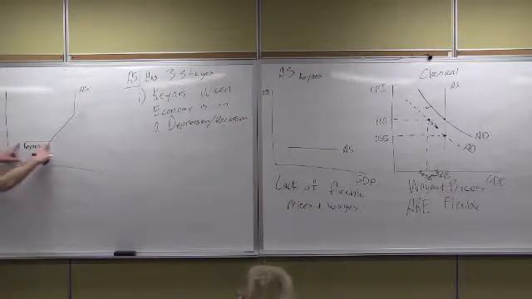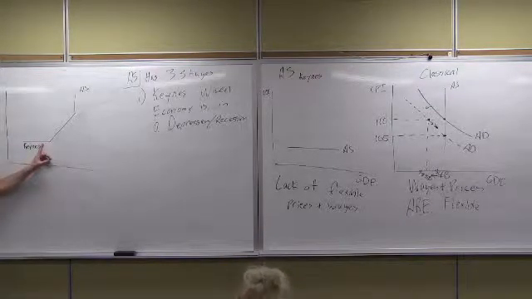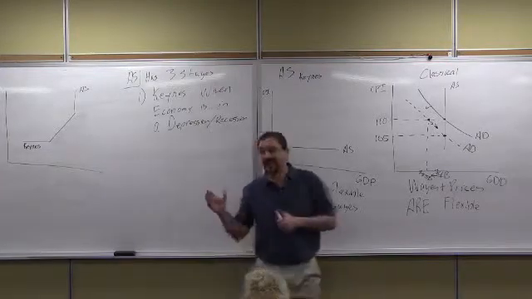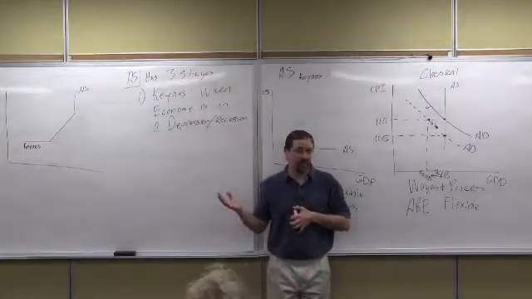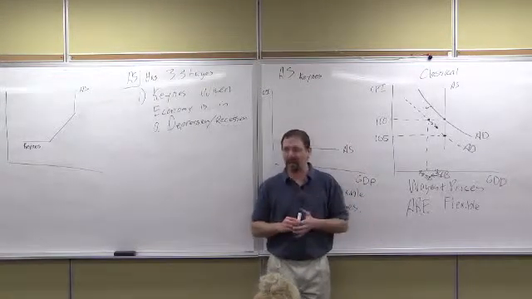And when aggregate supply is flat, demand will drive higher GDP, but not higher prices. And the cool thing about this is that we can even see it happening in 2008, 2009. We had the so-called Great Recession where GDP fell for 5 straight quarters.